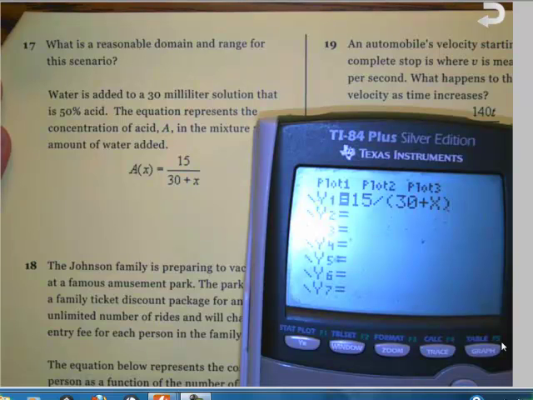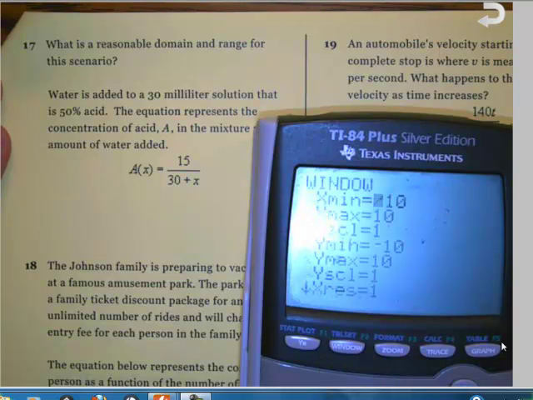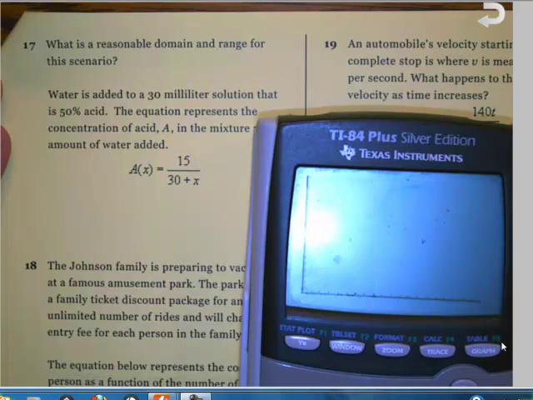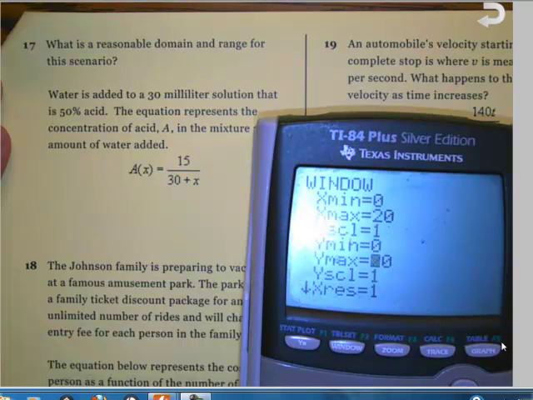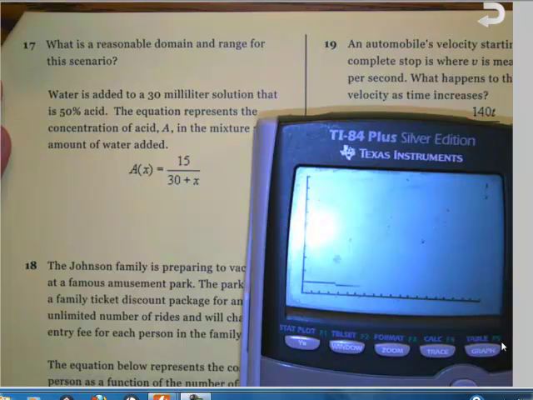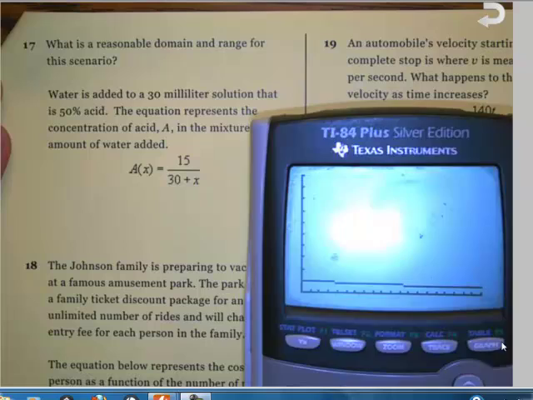Now, before we go to the graph, let's go to our window. Obviously, we're in the first quadrant. So let's just say 0 to 20. And you will notice that it flat lines out. So actually, let's zoom in a little bit. Let's say from 0 to 5, scale factor of 0.5. Do you see how even with the enhanced scale factor, it dips and gets smaller and smaller?